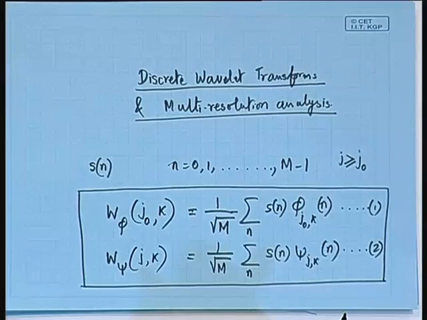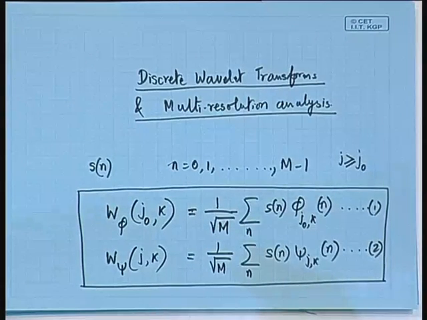To maintain that, either in the forward transformation we apply a coefficient of 1 by M and in the inverse transformation we apply a coefficient of unity, or otherwise an alternative form of doing it is to have in the direct transformation a coefficient of 1 by root M, and in the inverse transformation also a coefficient of 1 by root M. The same thing is also applicable to the Fourier transforms.